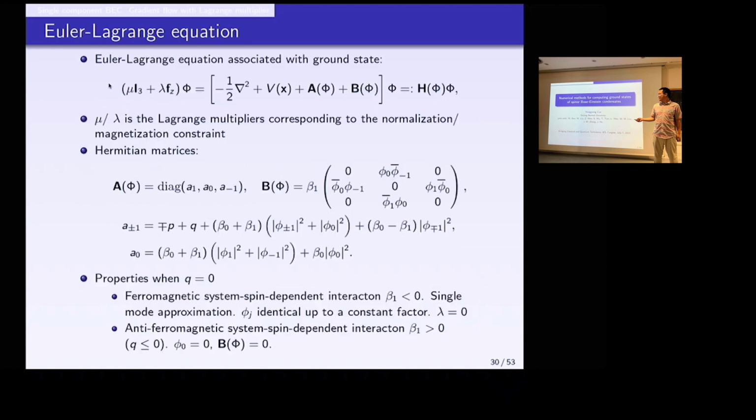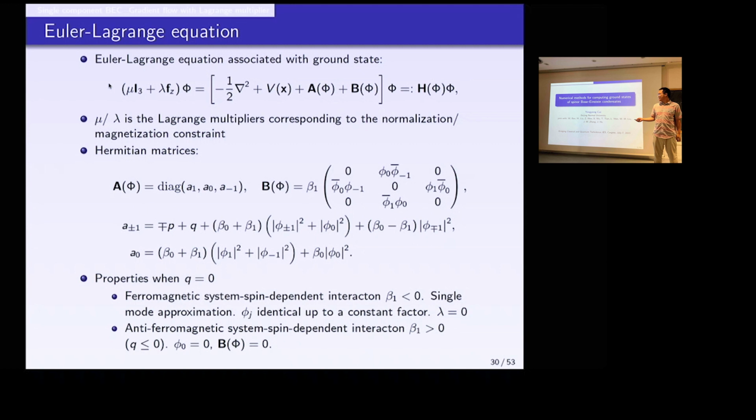Okay, so we can also write down the overall Lagrange equation. We use some symbols to simplify the notation here. And for this system, there are 2 simple reductions. When the quadratic Zeeman effect is equal to 0, then we have the ferromagnetic case where the spin interaction is negative.